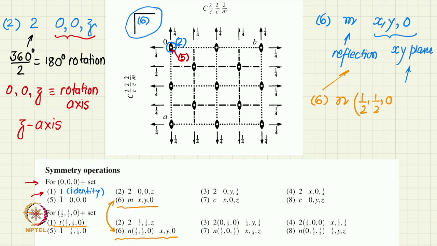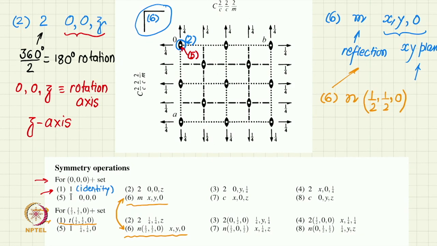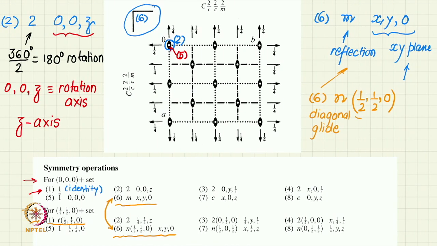So, the representation of the glide operation is given by the symbol for the glide. Here it is n, which is the symbol for the diagonal glide. n is the diagonal glide, and this is the glide translation.